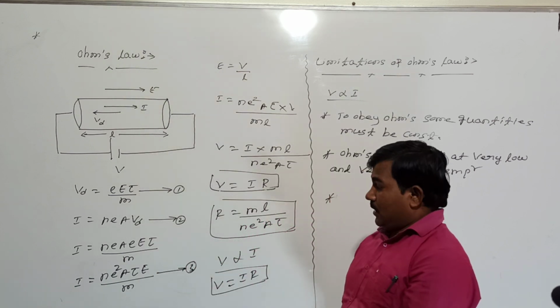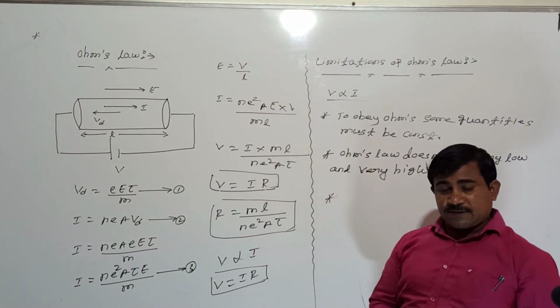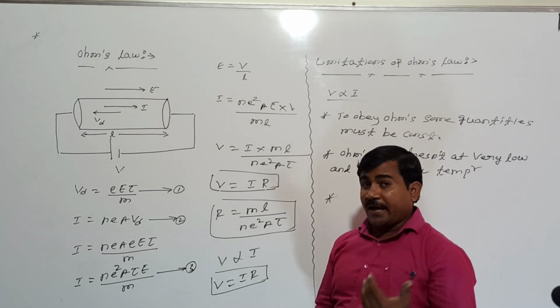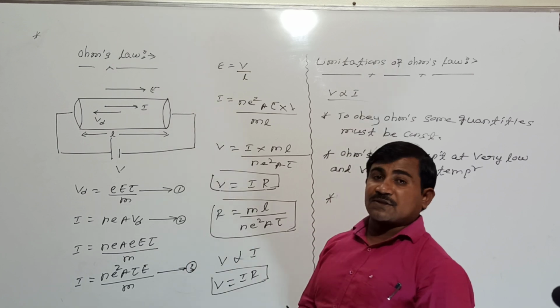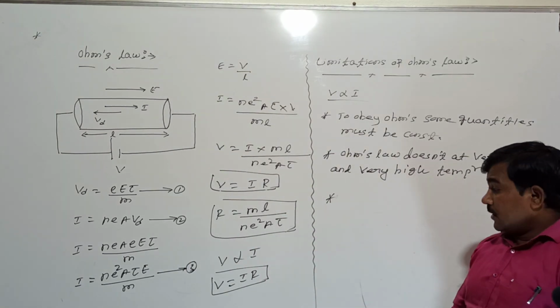Non-ohmic devices means semiconductors, insulators like paper or mica, and transistors.